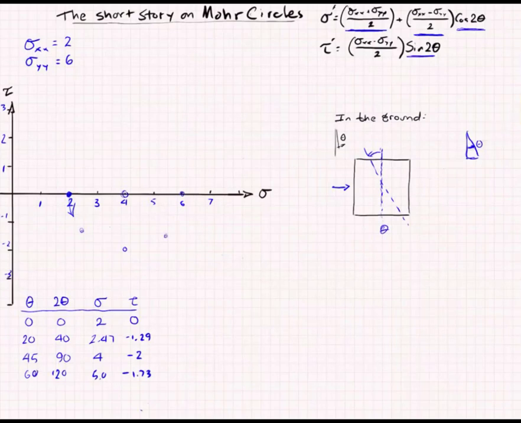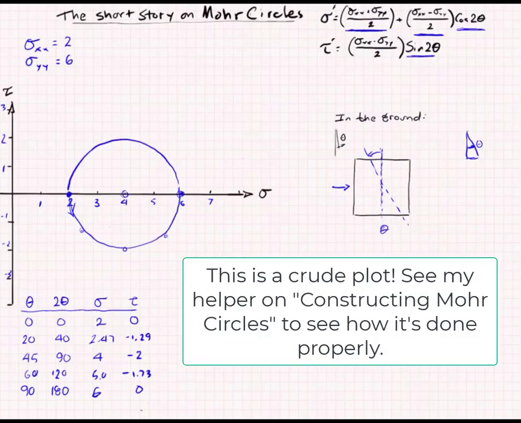Then finally, when we get to 90 degrees, that's 180. And we are at the far side of the circle. And then, of course, we are at sigma equals 6, and tau is back to 0. And we are right there. So there's the first half of our circle. And when we complete this, we find that, indeed, we get a full circle, like so.